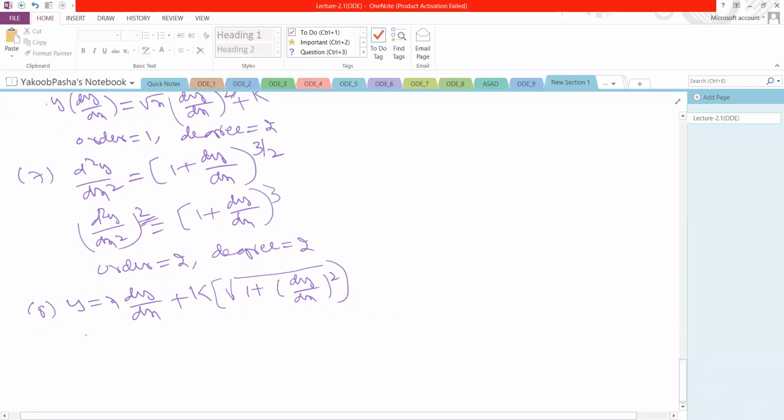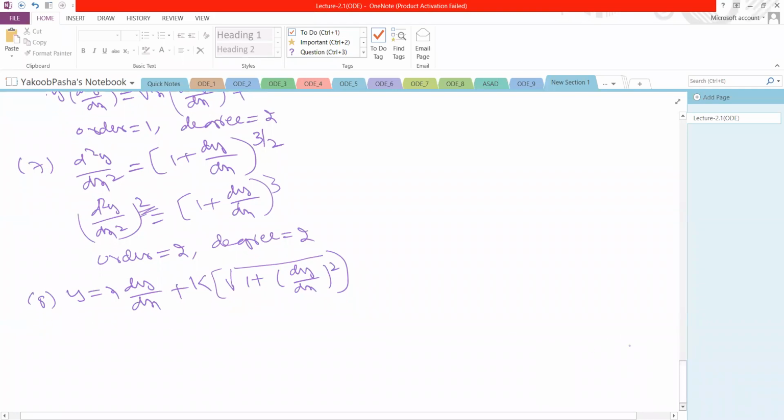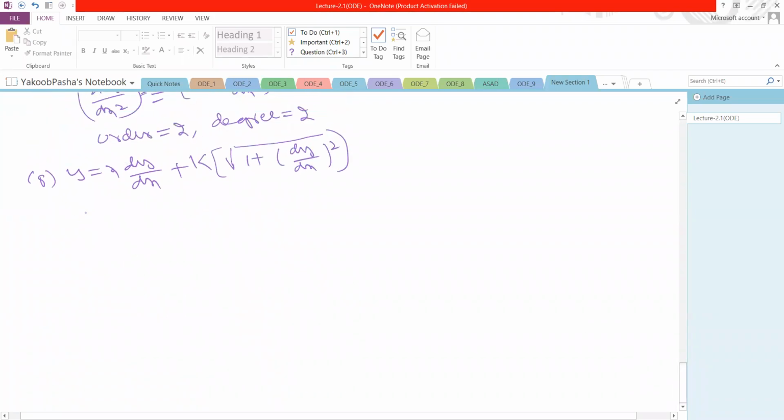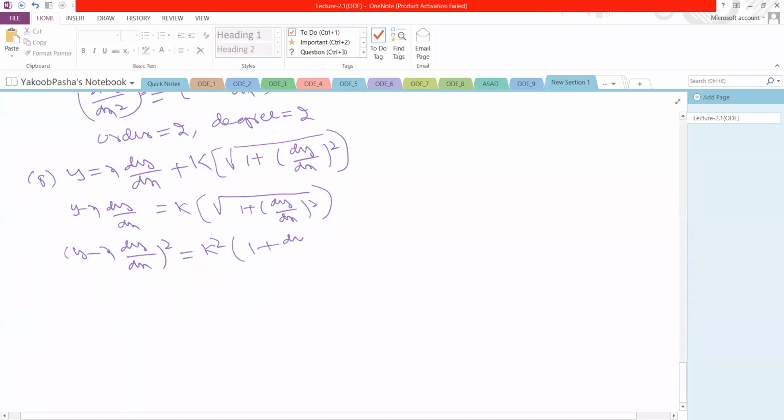So for this, I am rearranging this equation into y minus x into dy by dx is equal to k into square root of 1 plus dy by dx whole square. Okay. By squaring on both sides, we'll get y minus x into dy by dx whole square is equal to k square into 1 plus dy by dx whole square.